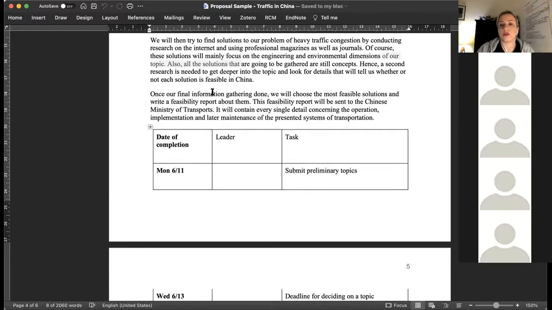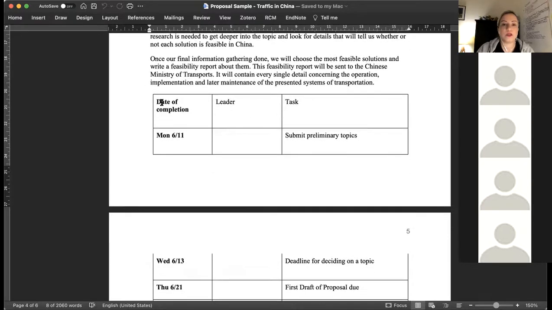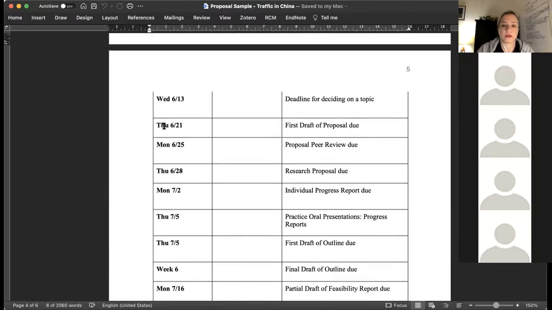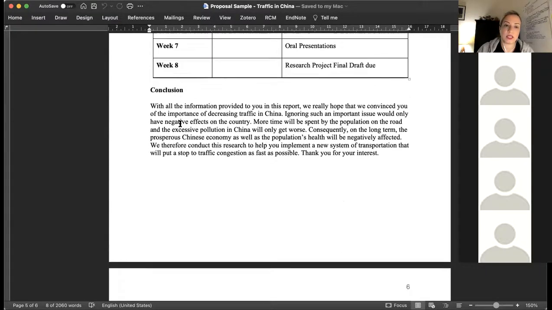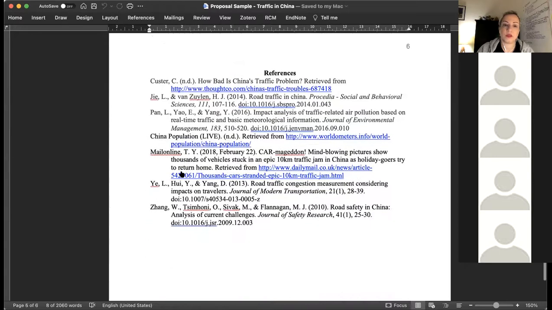And you can use maybe interviews, you can use maybe surveys. So if you want to send out a survey, you say we're going to survey AB students, etc. And then here you put the timeline, right? How many weeks it takes, dates, and then the conclusion, and put all the references.